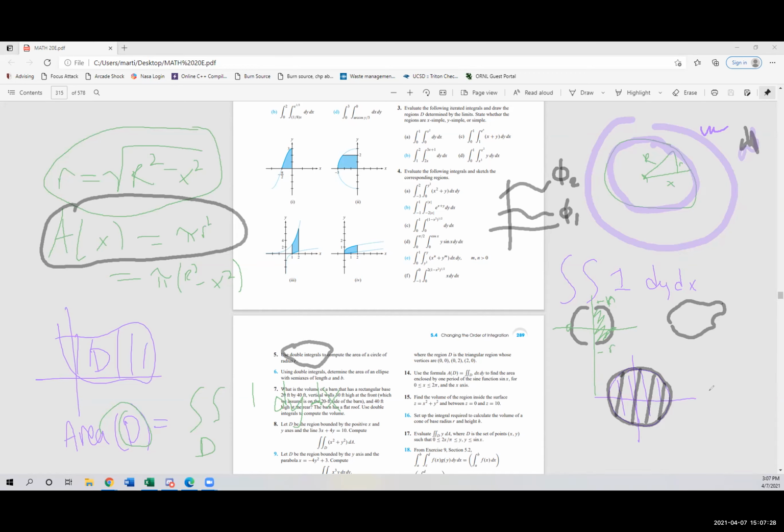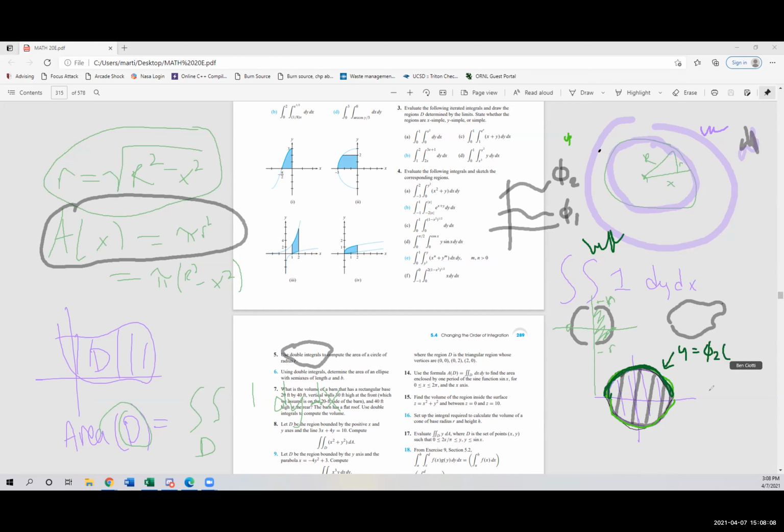To treat something as Y simple means you need to find the function on top and the function on the bottom, with Y being a function of X. What function is this with Y being a function of X?